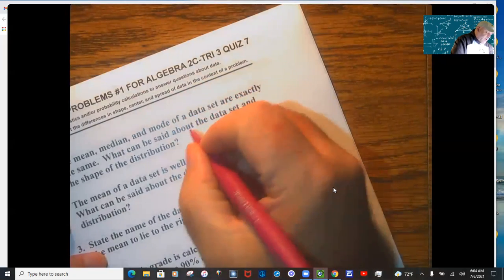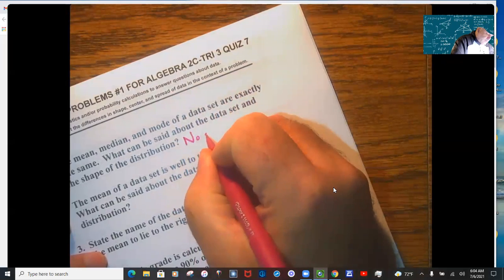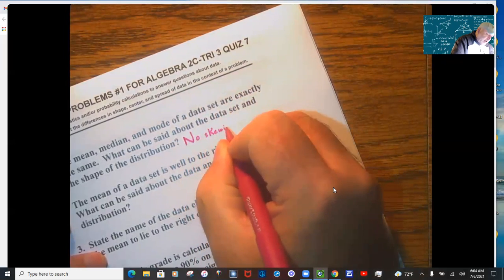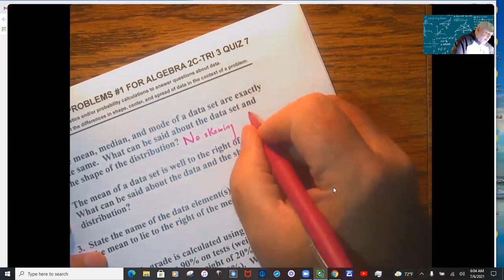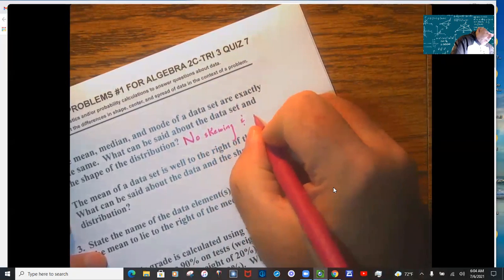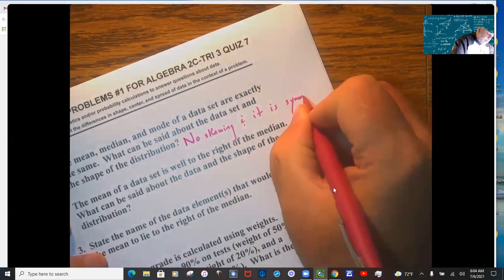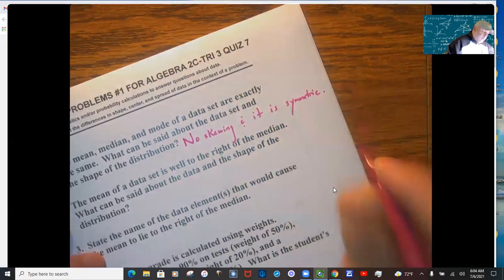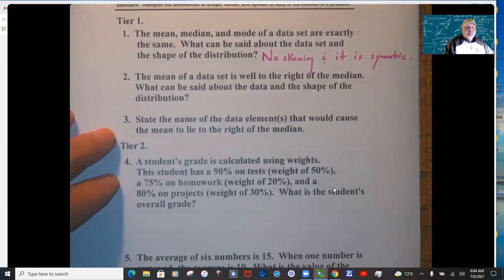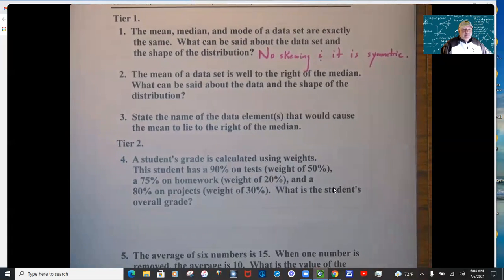So here there's no skewing, and the distribution is symmetric. If we did a graph, we could put a line right down the median, the mean, and the mode, and the graph would look fairly the same on both sides of that line.